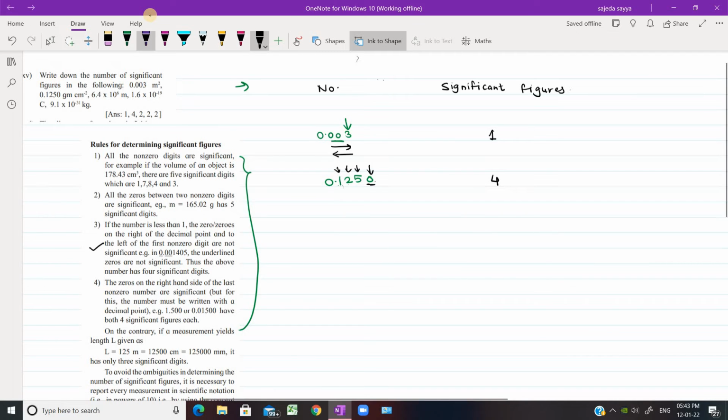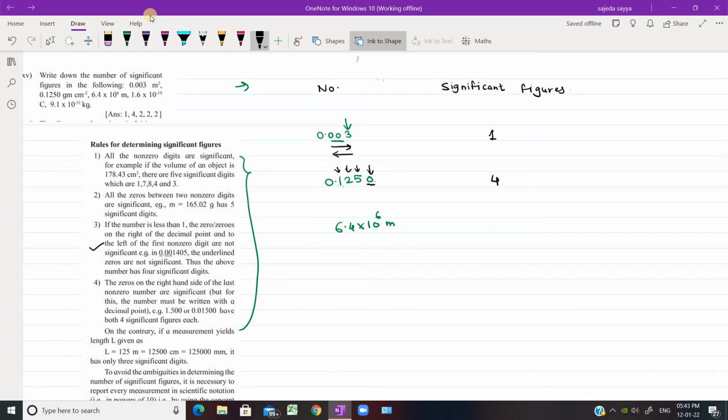Okay. Next example: 6.4 into 10 raised to 6 meter. It is the radius of Earth. Now, in this case, what to do?